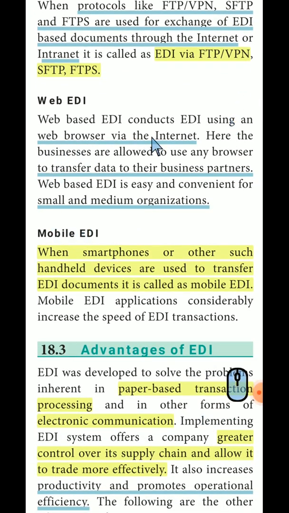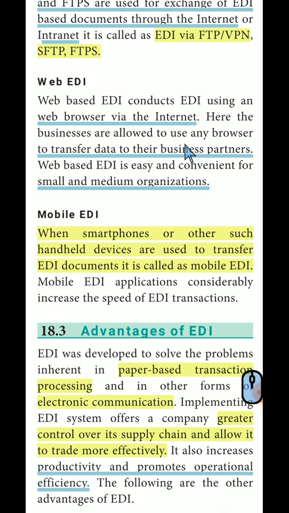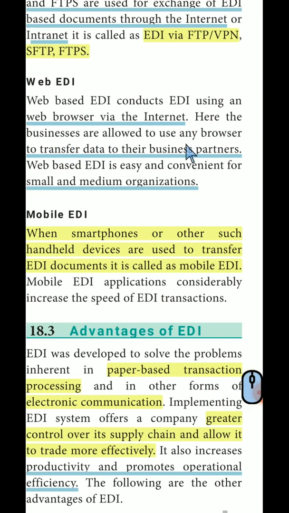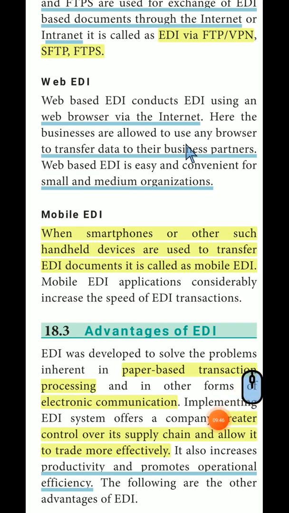So the next one is web EDI. Web-based EDI conducts EDI using a web browser via internet. So here documents can be transferred by using a web browser through the internet, and businesses are allowed to use any browser to transfer data to other business partners. Browsers, you already know, Mozilla Firefox, Google Chrome, everything is a browser.